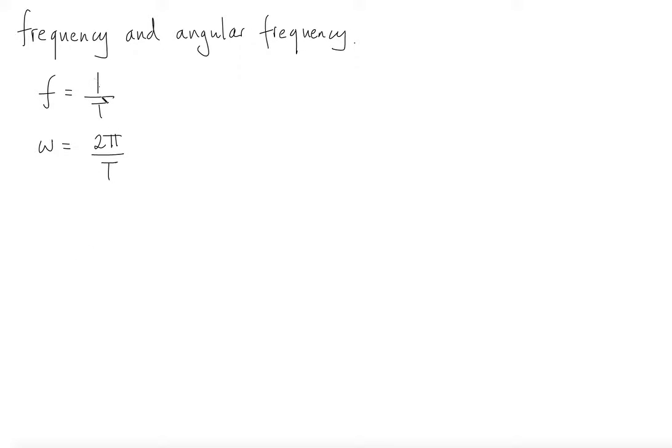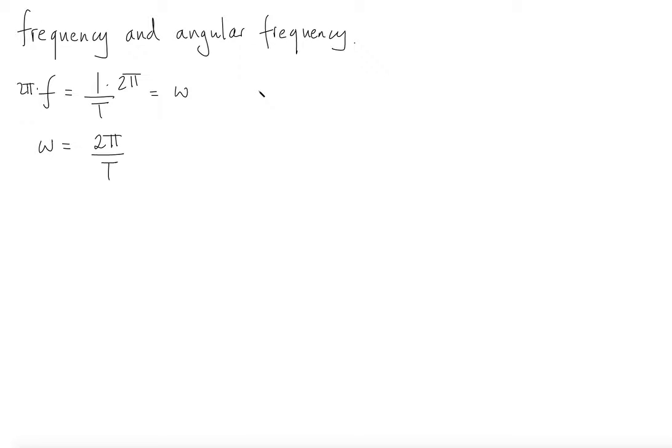Well, the only thing that differs these two numbers is the 2 pi here. So if I multiply both sides up here by 2 pi, you see I get this thing over here equals the angular frequency, and this thing over here equals 2 pi times the frequency.